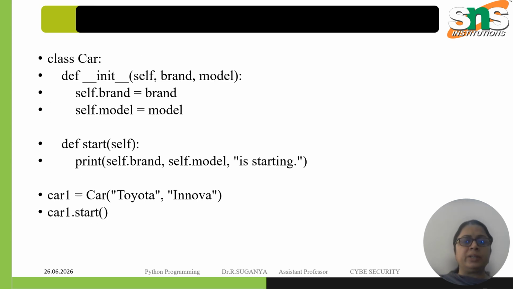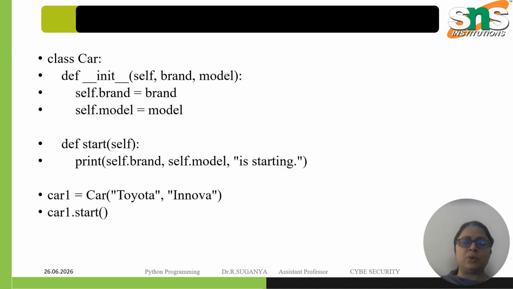Here we have the program: class name followed by Car, self dot brand, self dot model, and we have car1 is equal to Car, and car1 dot start is the function name. We are printing the brand of the car and the model of the car is starting.